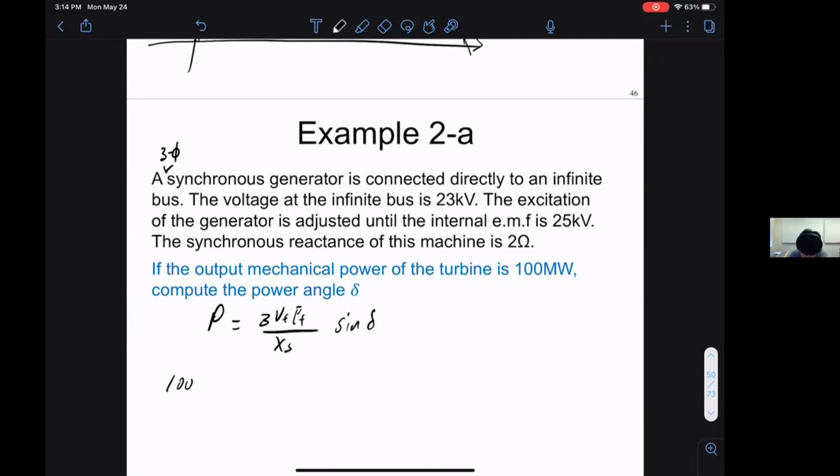I can write 100 megawatts equals 3 times... Then what should I use for the value of VT if this is 3-phase? VT is 23 kV, but this is a 3-phase generator. So for this equation, what number should I plug into VT?